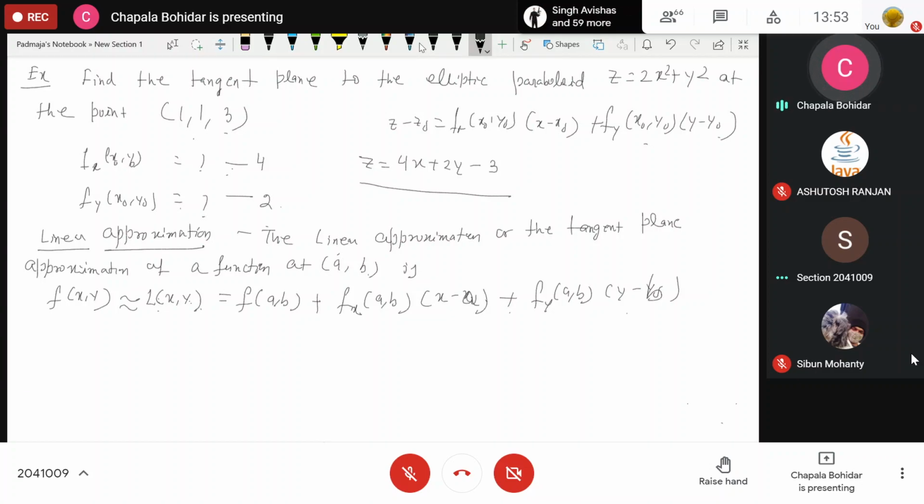So this is the formula for the linear approximation for the function of 2 variables.